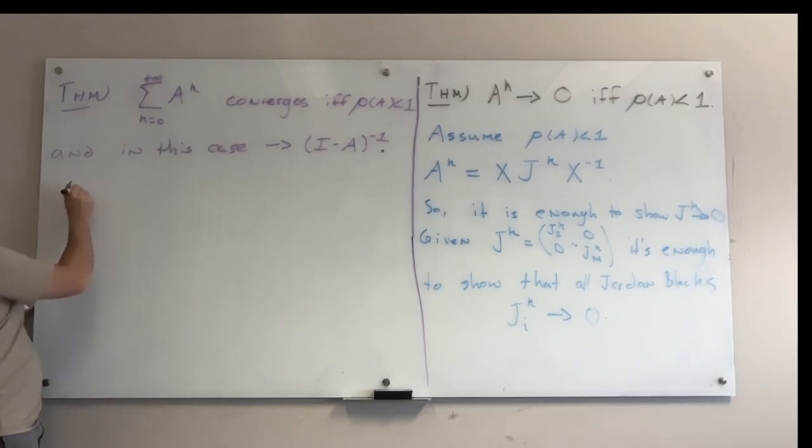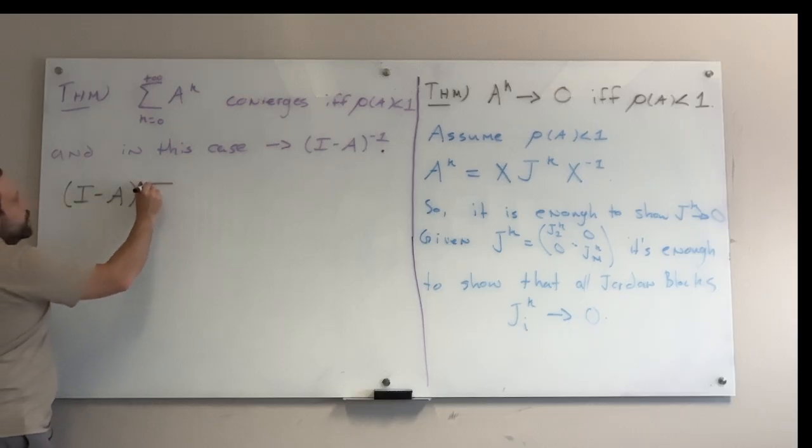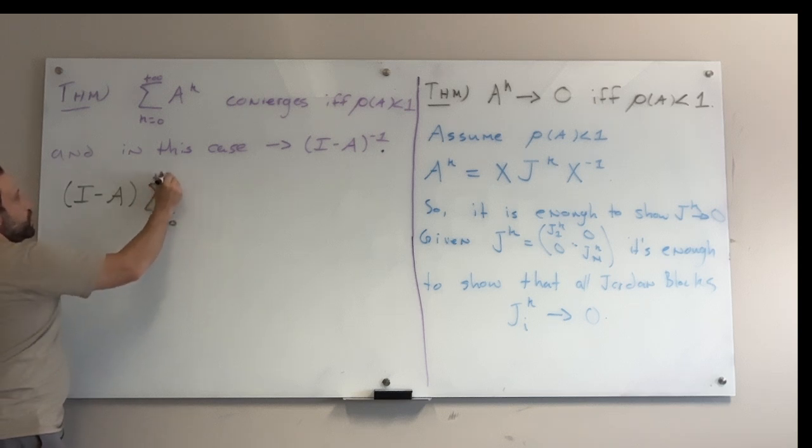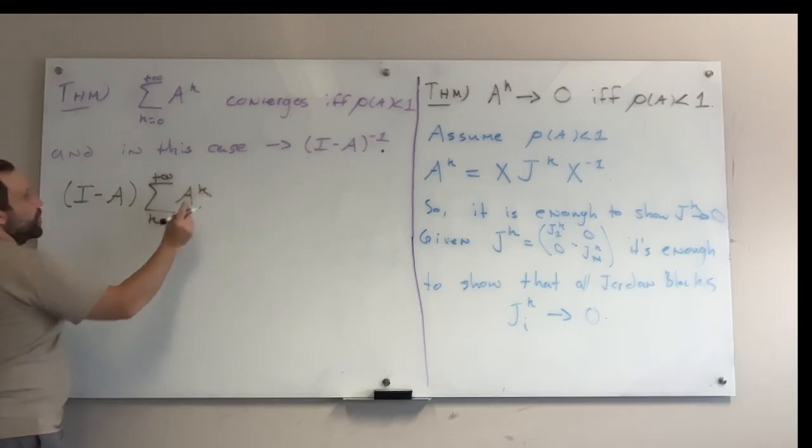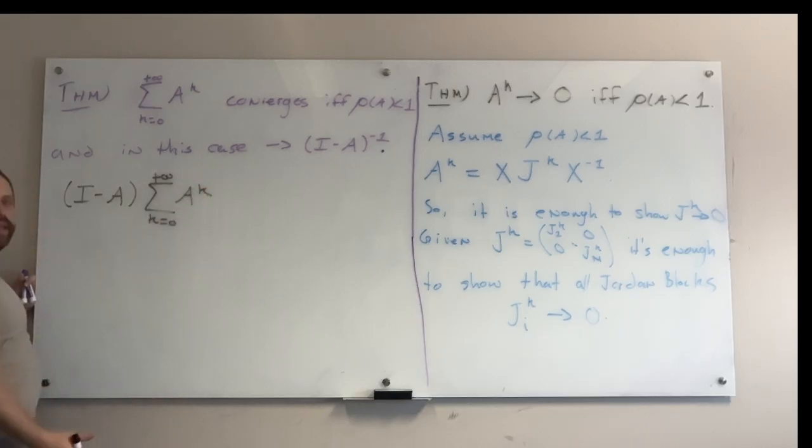Well, all we're going to do is take I minus A times this sum, k equals 0 to infinity, A to the power of k, and show that this is equal to the identity.